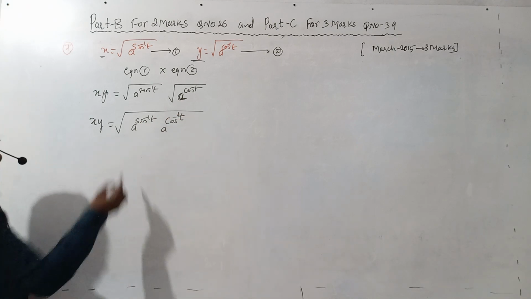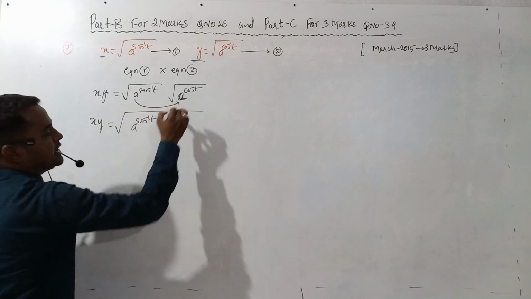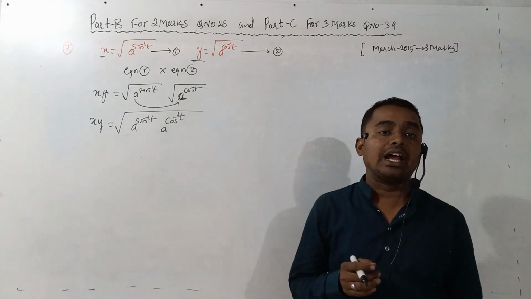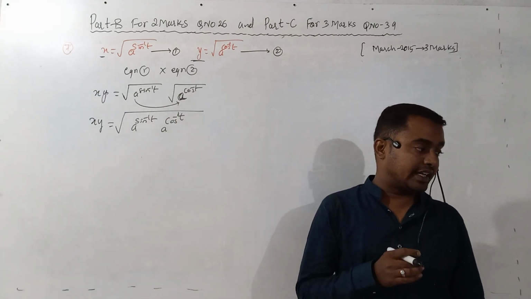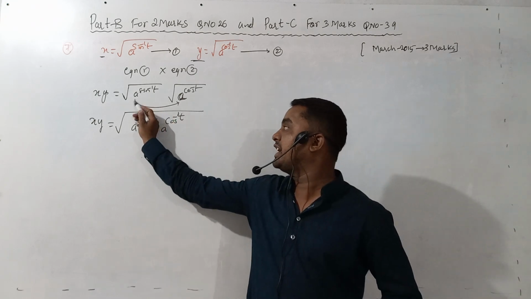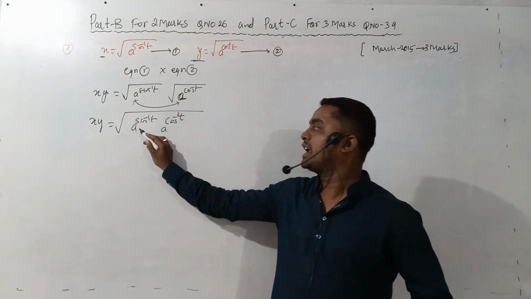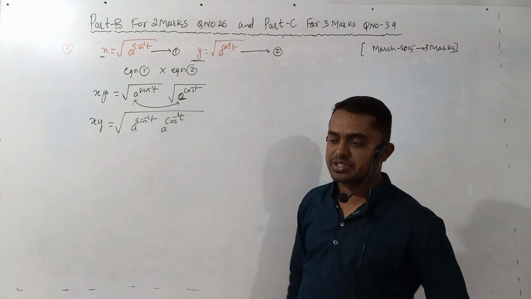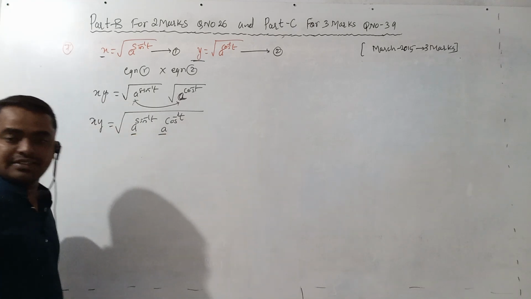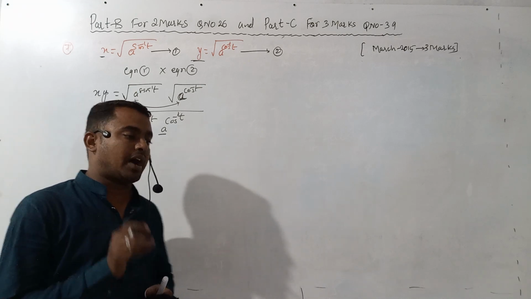See here, for both terms, root is there. The value under the root is nothing but the radicand. If the order is same, then we can multiply the radicand. That is root of a sin inverse t into a cos inverse t. See here, a is the base. If base is same, add the power.